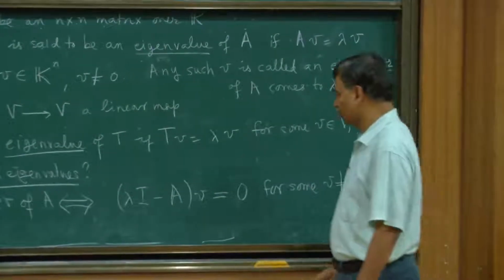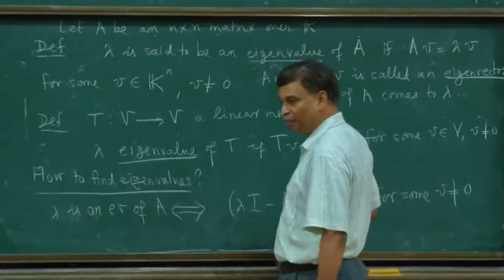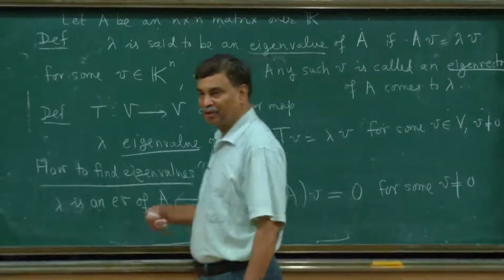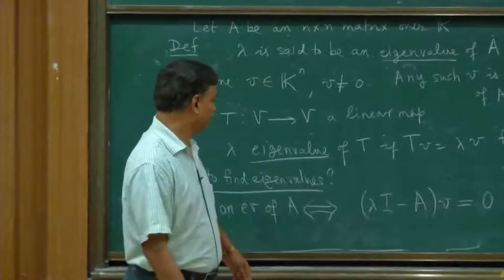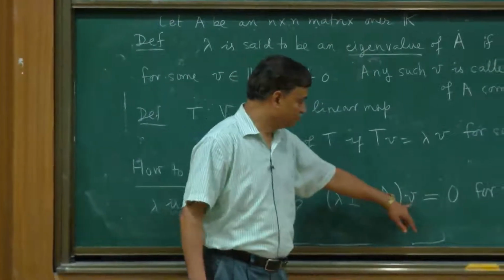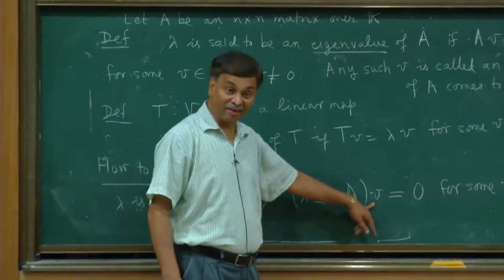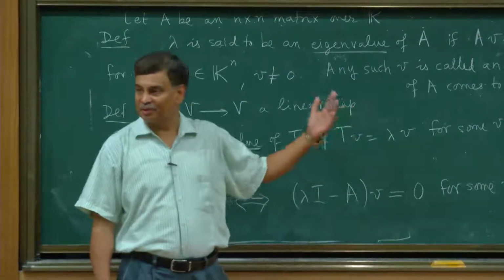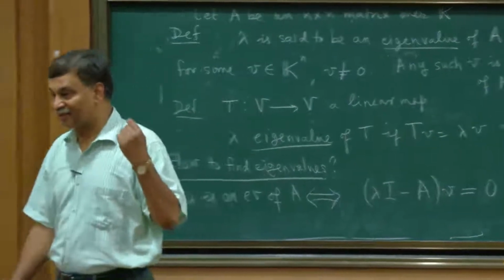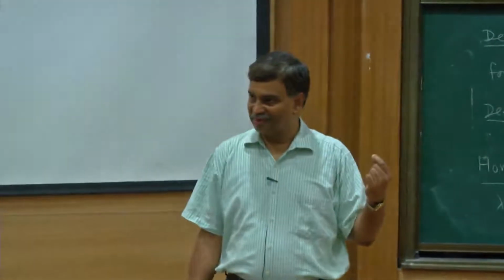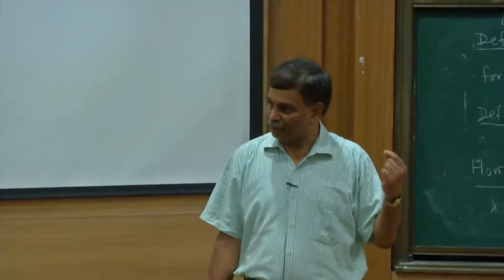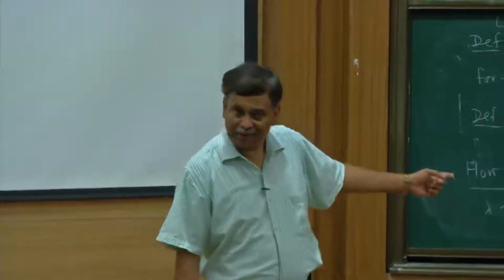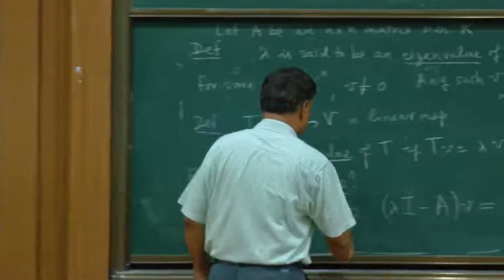This is a square matrix, and I is the identity matrix or identity operator. That means it has a non-trivial element in its kernel, or the corresponding homogeneous system of linear equations has a non-trivial solution. That happens if and only if the determinant is 0.